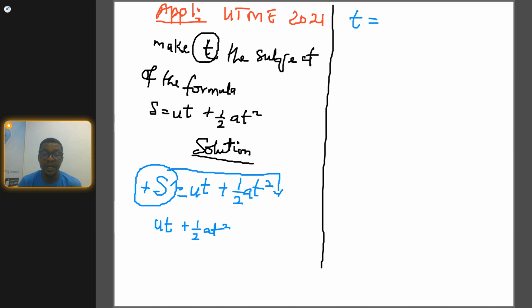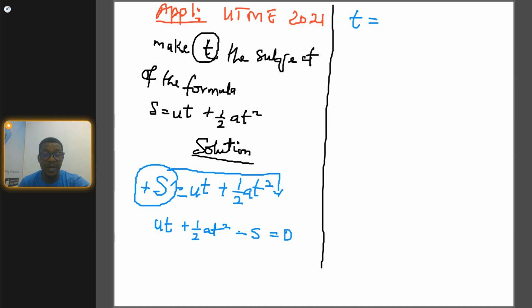Is it going to be minus s or plus s again, when it has crossed the equal sign? Minus s. Then we said everything is equals to what? 0. Okay, everything is equals to 0. Now, what else to do? We are still targeting how to get t.